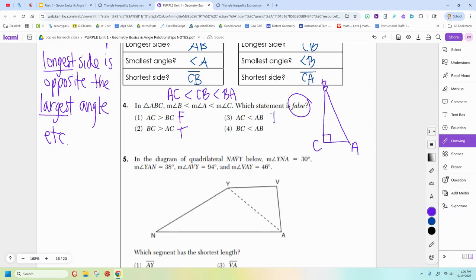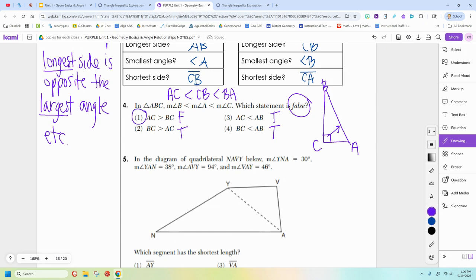Yes. Is BC less than AB? Remember, the hypotenuse is always the longest side, right? So AB has to be the longest. This one is true. So which statement was false? Very good, the first one.